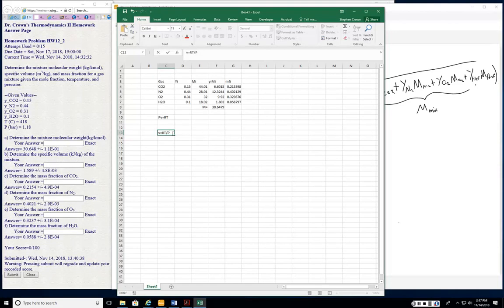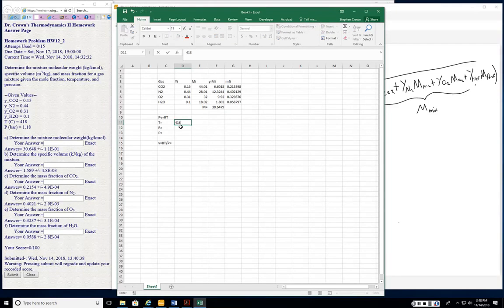Okay, and then put that here. So I need a few things. I need the temperature, I need R, and I need the pressure. So we put those values in here. The temperature is 418.